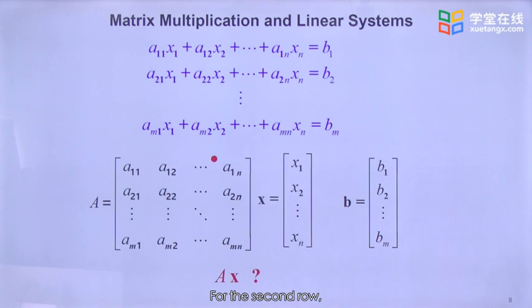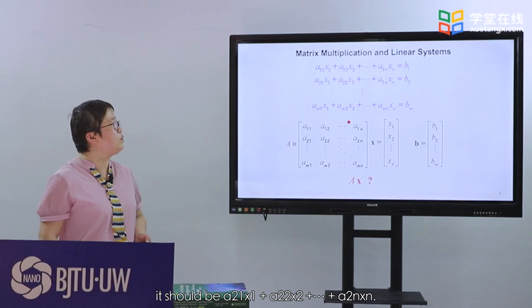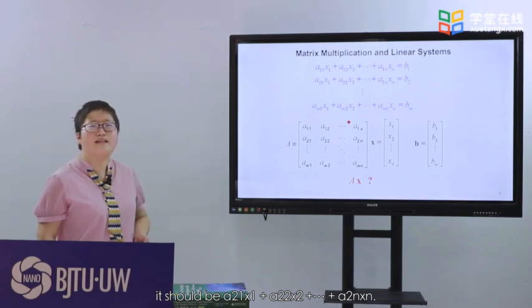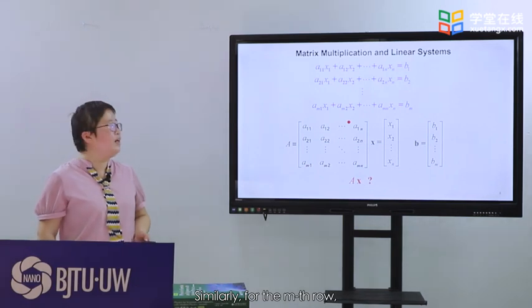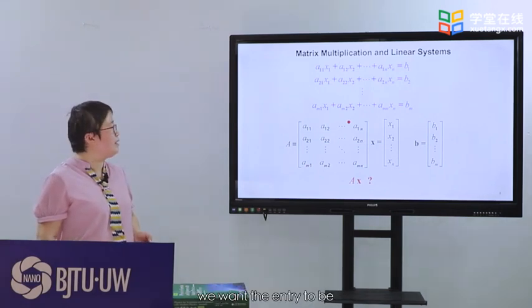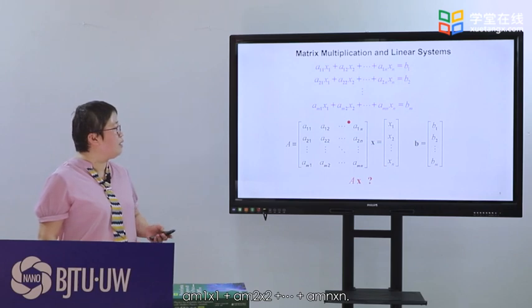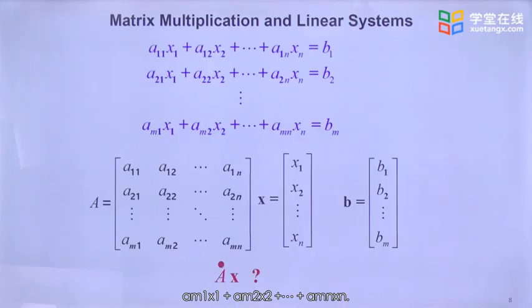For the second row, A times X gives the left side of the second equation, a21 times x1 plus a22 times x2 plus and so on plus a2n times xn. Similarly, for the mth row, we want the entry to be am1 x1 plus am2 x2 plus and so on plus amn xn. Right? So we define matrix multiplication just for the purpose of expressing the linear system.